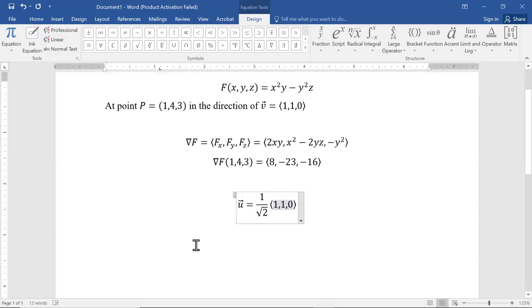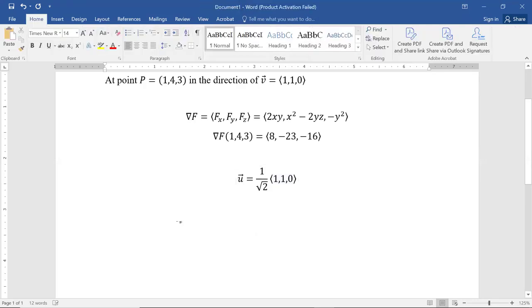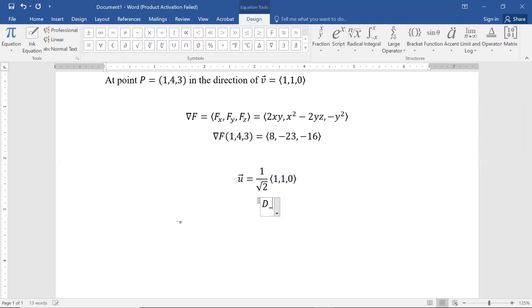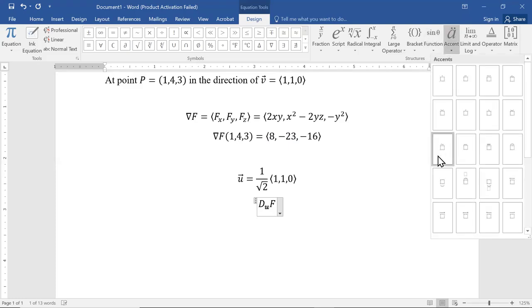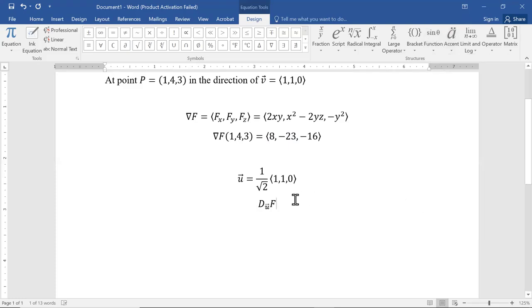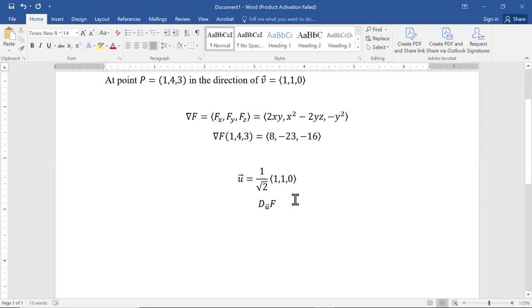So there we go. If I want to find the directional derivative in the direction of u of my function f, I can take the dot product of the gradient and this unit vector u. So I'm talking about specifically the point 1, 4, 3.